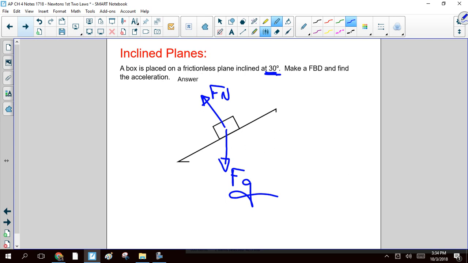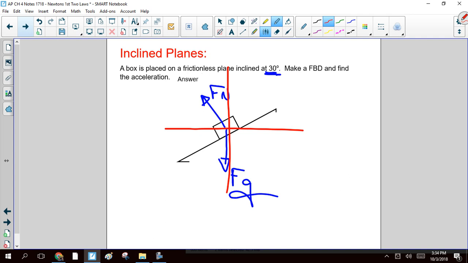So what we learned last year was this. And I even talked about this in video 4.1, was this idea that we need to choose a coordinate system such that our acceleration will be along one of our axes, right? And so what we do is, instead of using the standard x and y planes, I said that backwards as I drew it, but you know what I mean.